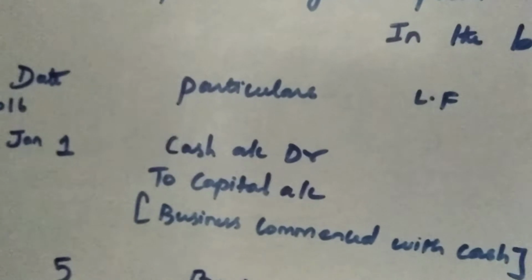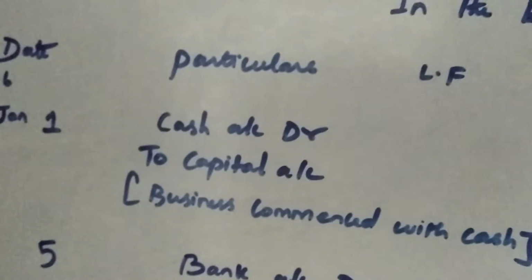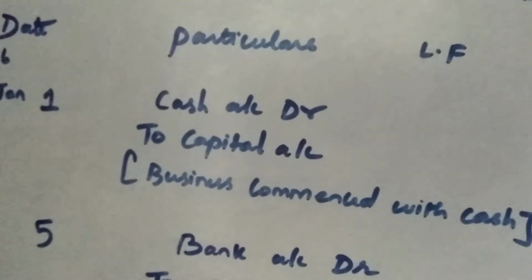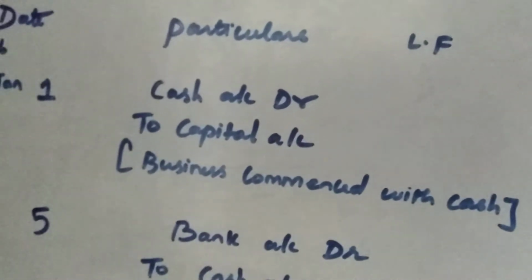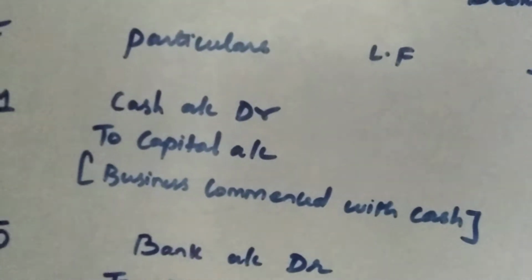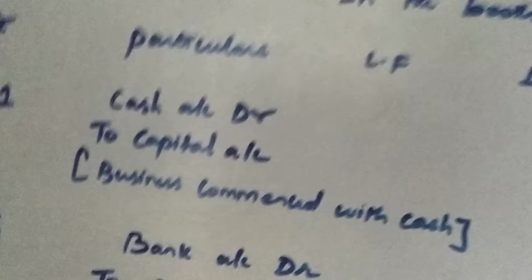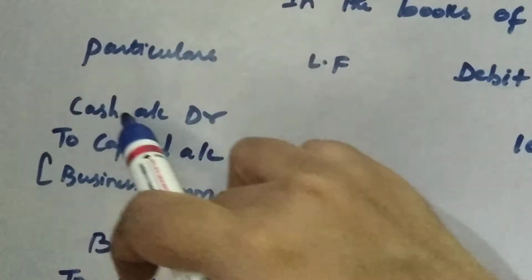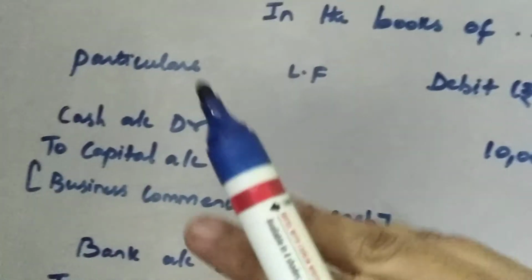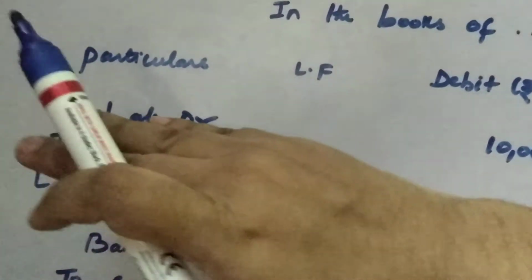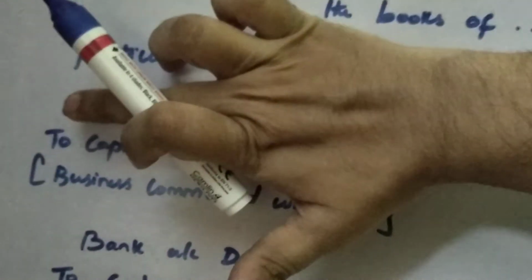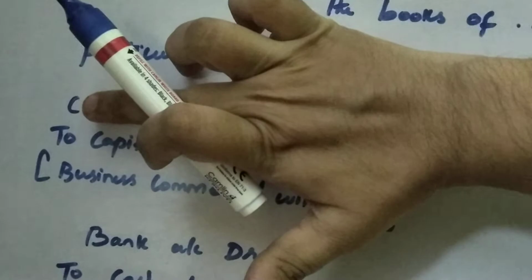Now I am going to record this entry in the ledger, that too in cash account. So when I am going to post this first entry, cash account debtor to capital account, in the ledger, under cash, I will just close this cash. What is remaining? You have capital.